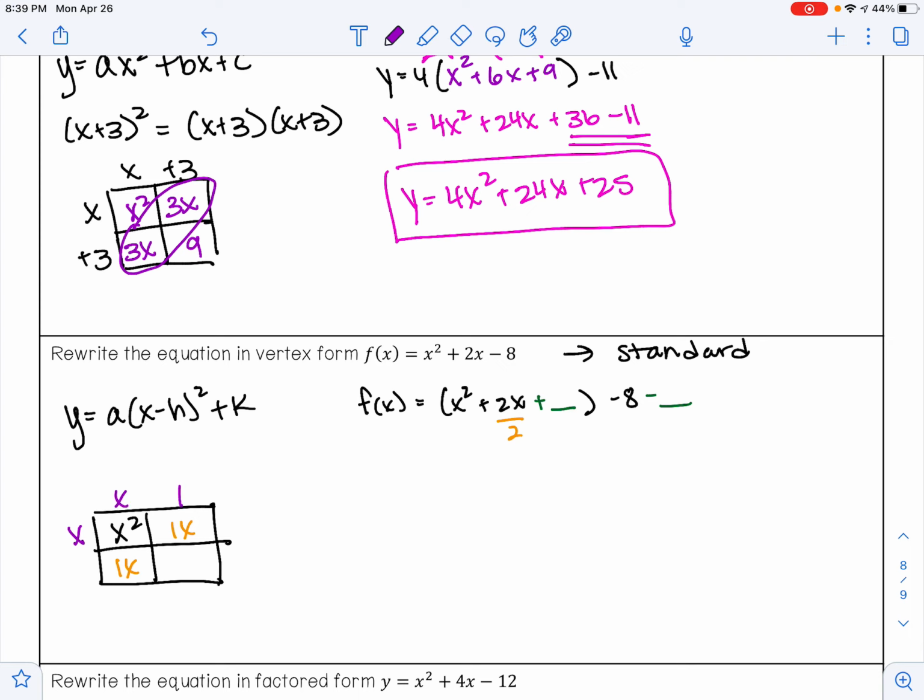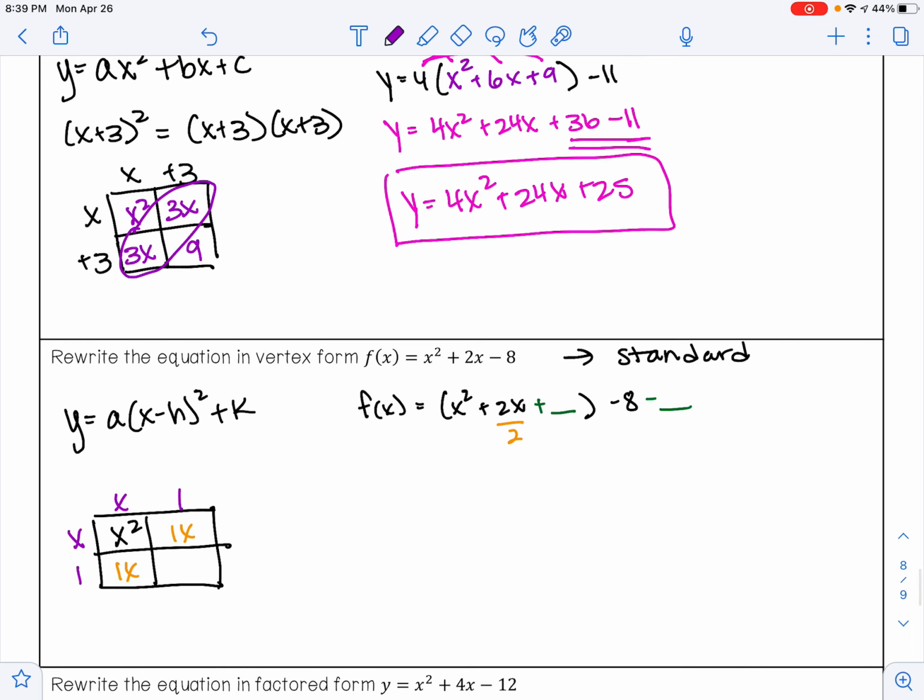X times 1 would give me a 1x. X times 1 would give me a 1x. The number that completes the square is going to be 1 times 1, which is 1. So 1 is that missing value that completes the square.